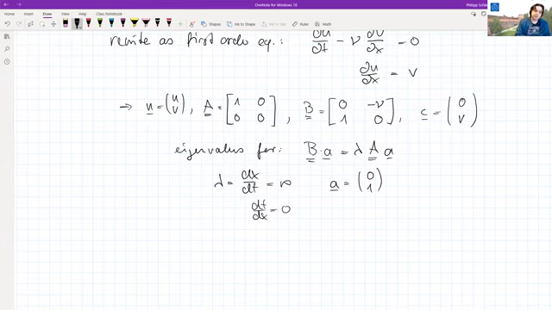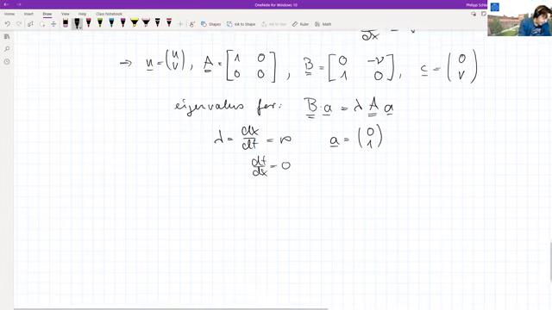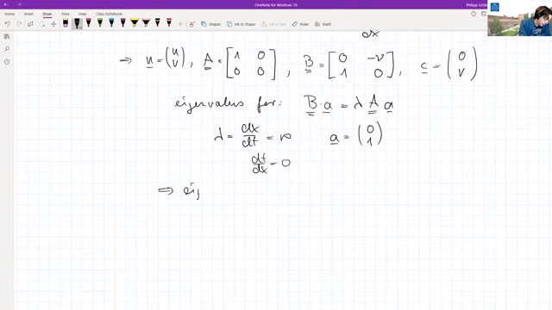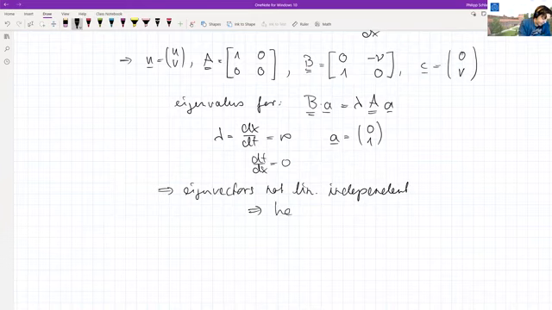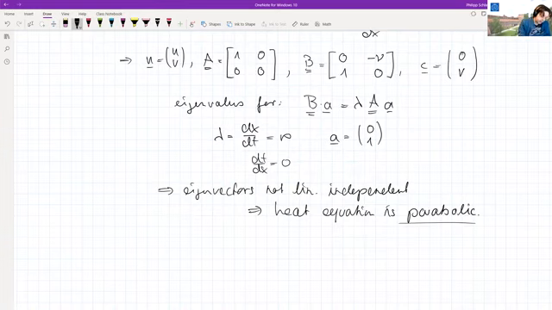And of course, that means in the end that we are in a parabolic situation because my eigenvectors are not linearly independent. So write that: eigenvectors not linearly independent. And of course, that means as a consequence that the heat equation is parabolic according to the definition that we had earlier.